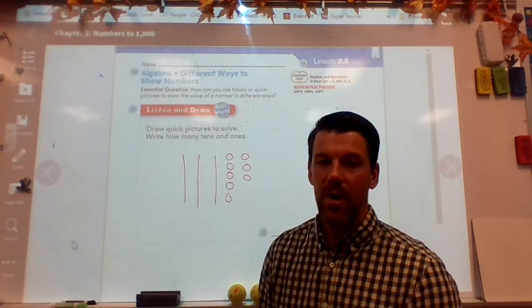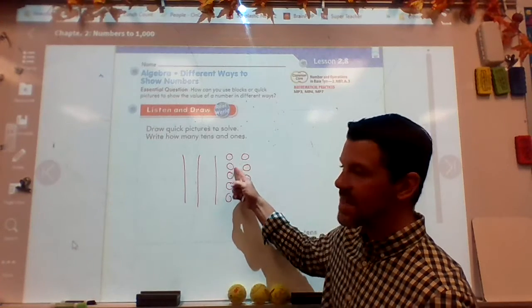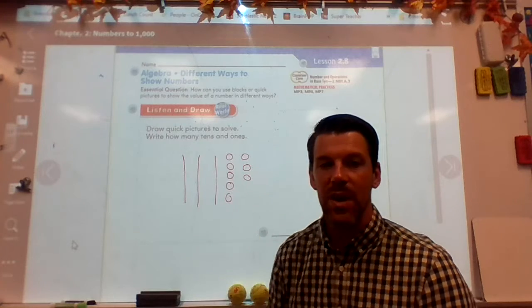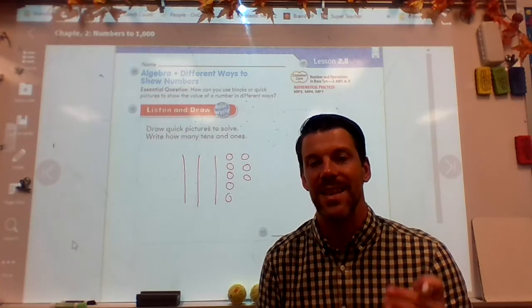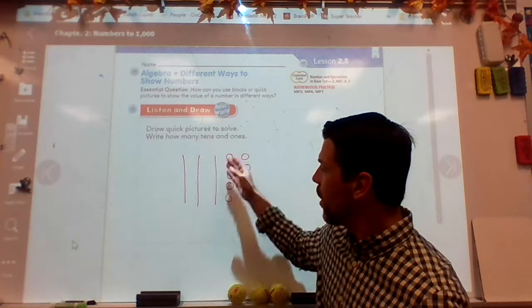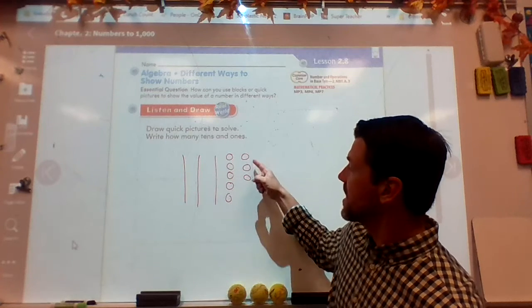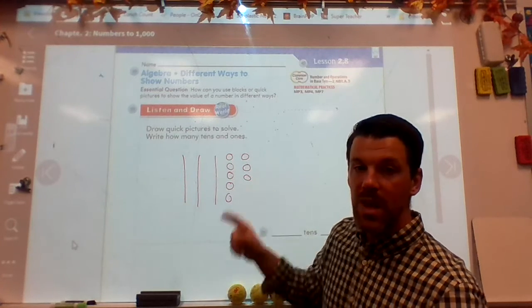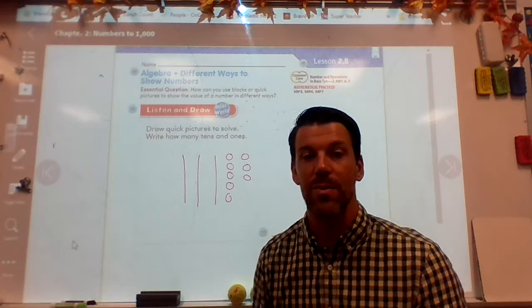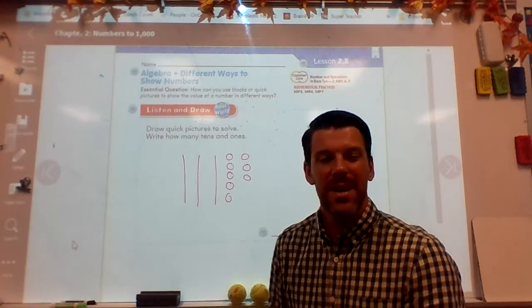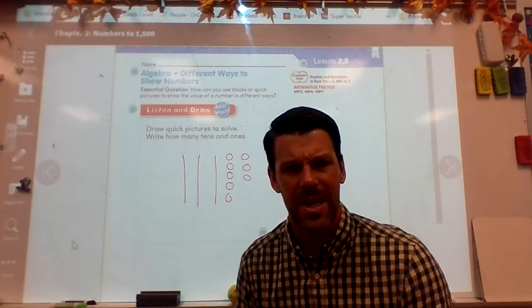You'll remember, I want you to continue to put these in groups of 5. The reason is it makes it a lot easier to count. If I always put these in groups of 5, then I can say 5, 6, 7, 8. It makes it a little bit quicker, a little bit easier to count.